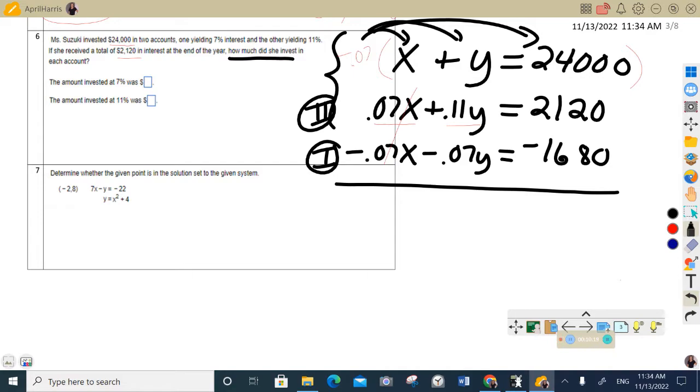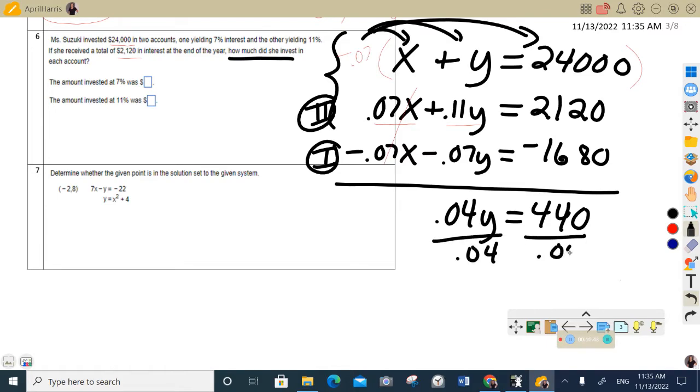We have 0.11 minus 0.07, that's going to be 0.04 times y, and then 2120 minus 1680, and I get 440. So now to solve for y, I'm going to divide by 0.04 on both sides, and 440 divided by 0.04 is going to be $11,000.